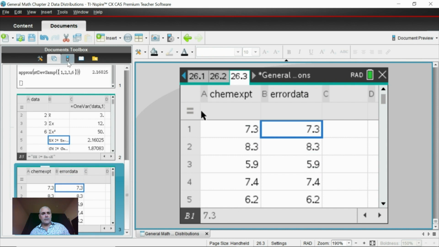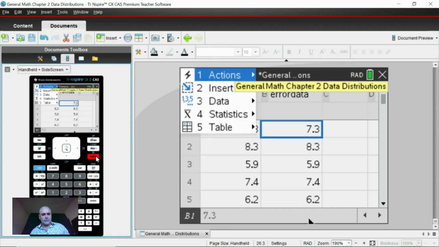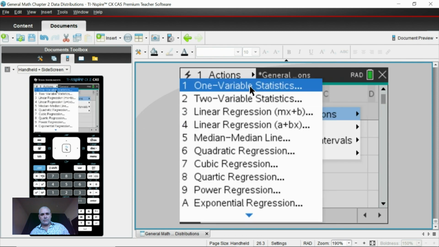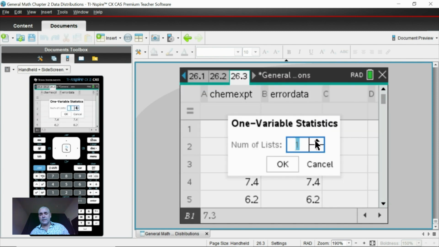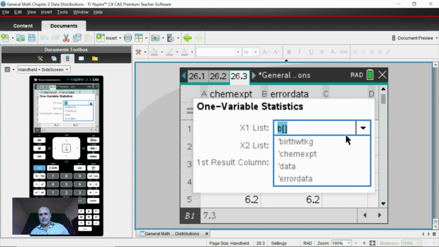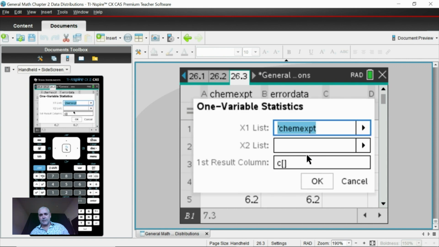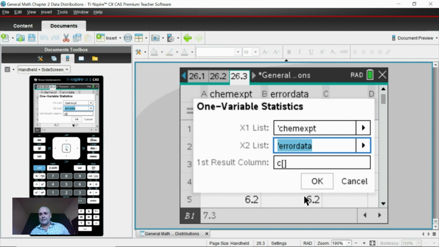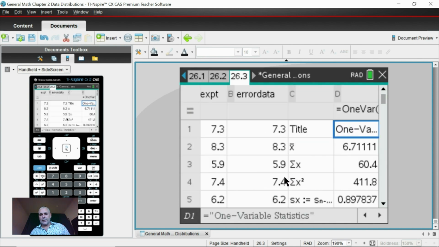Quite quickly, I'm going to go menu, statistics, stat calculation, one variable statistic. I've got two lists here. My first list is the chemistry experiment, and my second list is the data containing the error. So I'll hit OK on that.